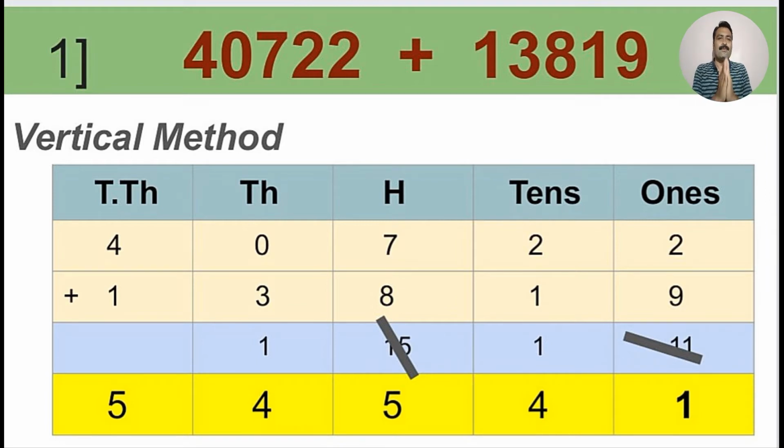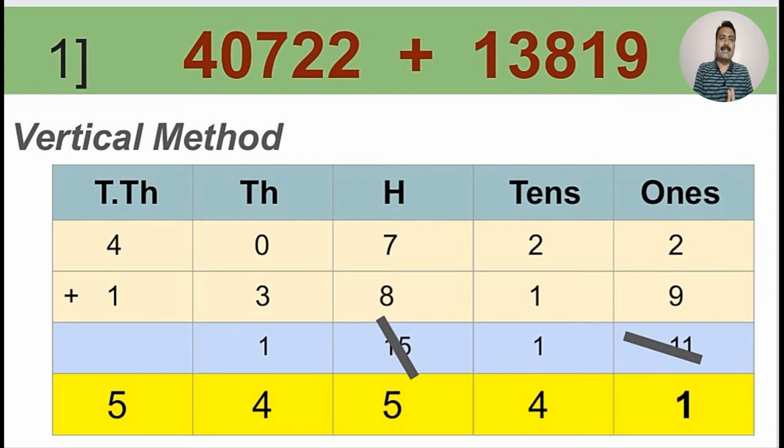So let's observe how we can put up the first number, 40,722. While writing 40,722, 4 we write in the ten thousands place, 0 we write in the thousands place, 7 we write at the hundreds place, 2 we write at the tens place, and 2 again we write at the ones place.